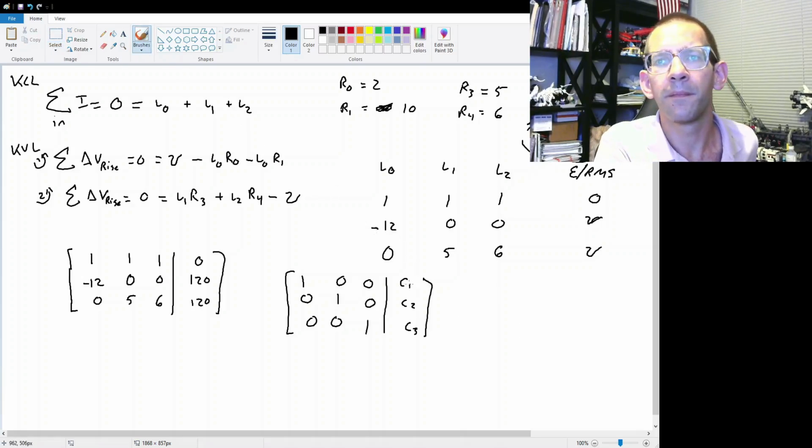But let's just say this is 0, this is 1, this is 2. Iota sub 0 is equal to C sub 0. Iota sub 1 is equal to C sub 1. And iota sub 2 is equal to C sub 2.